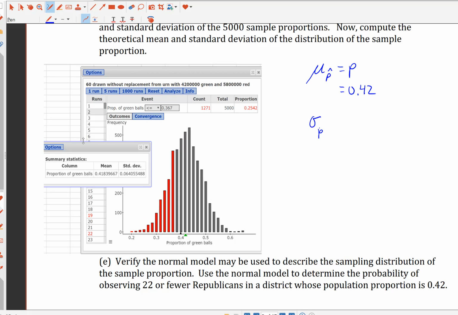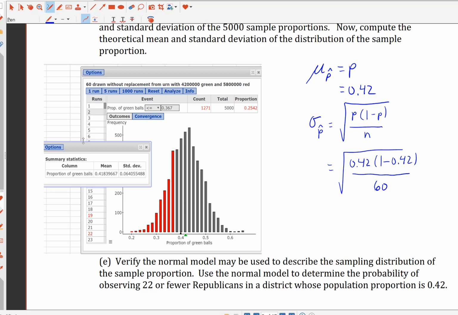Remember, the formula for the standard deviation of p hat is the square root of p times 1 minus p over n. So 0.42 times 1 minus 0.42 over 60. Without even doing this calculation, I'm going to hazard a guess that it's going to be pretty close to 0.064.